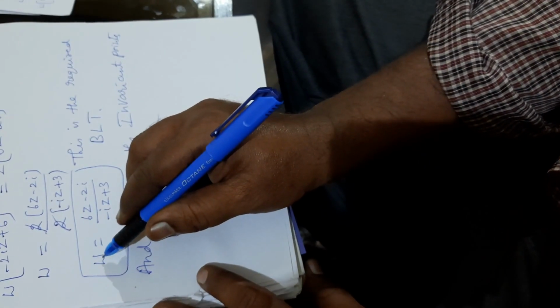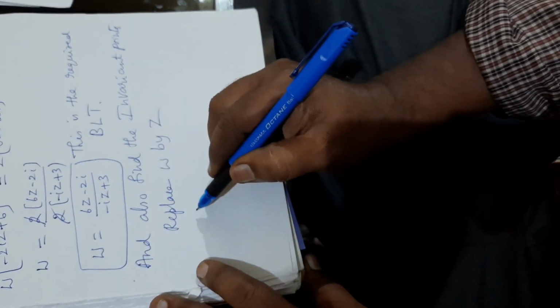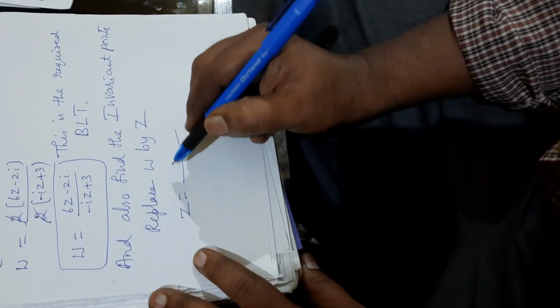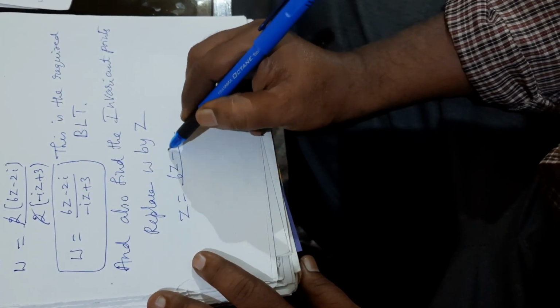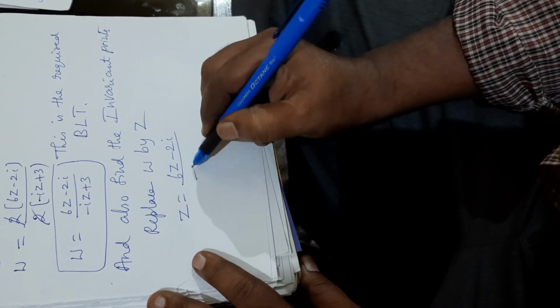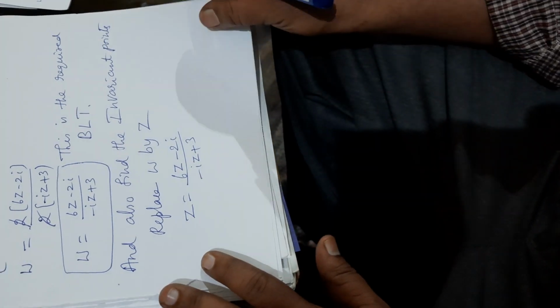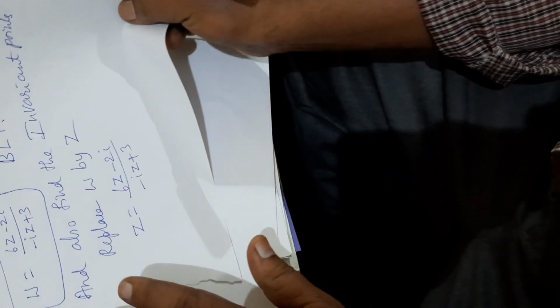Take W as Z: Z equals 6Z minus 2I over minus IZ plus 3. Here also, same as it is, cross multiplication.